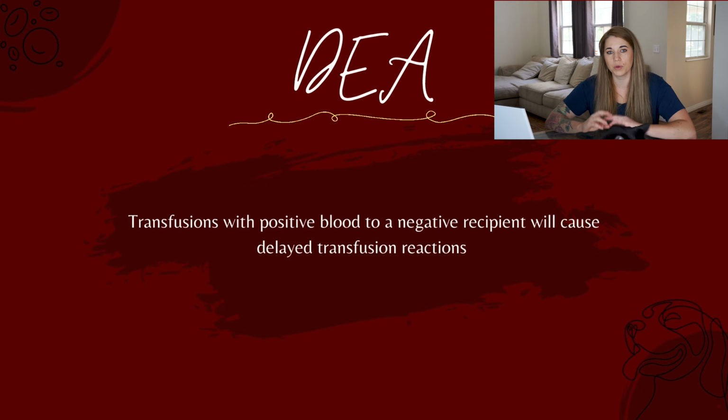So whenever possible, we should be administering the same blood type as what our patient has. There's not a large amount of in-house blood typing available for dogs. The only testing that we can do is DEA 1.1 in an emergent situation.